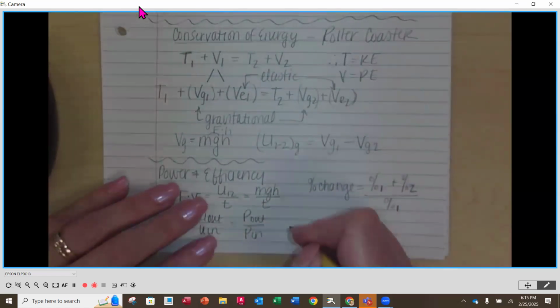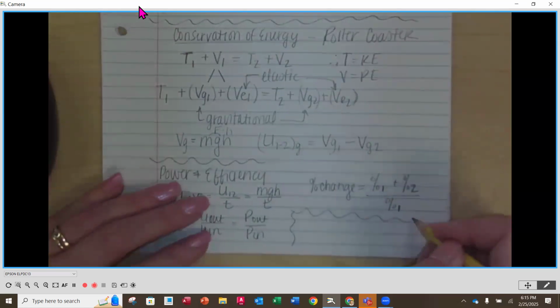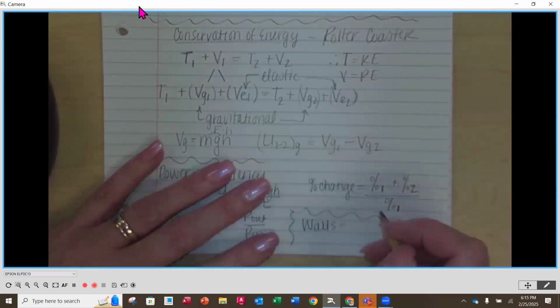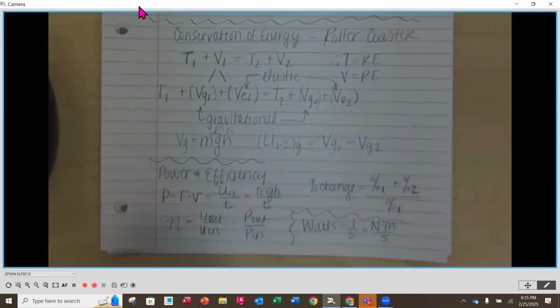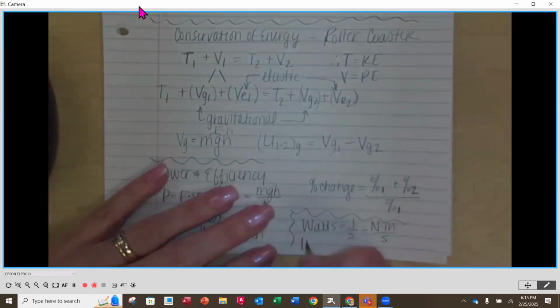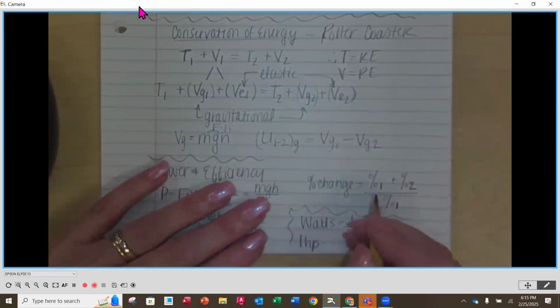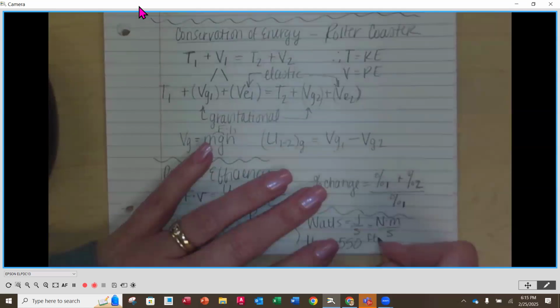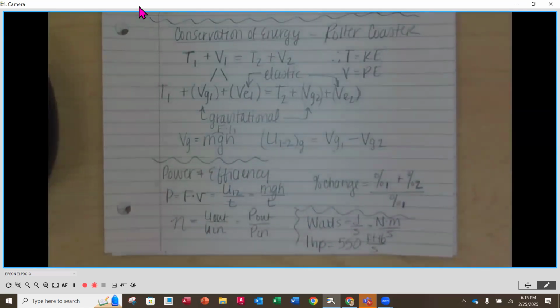And then just a reminder that the units are watts. Okay. 1 watt is equal to a joule per second is equal to a Newton meter per second. Okay. And 1 horsepower is equal to 550 foot-pounds per second. Okay.